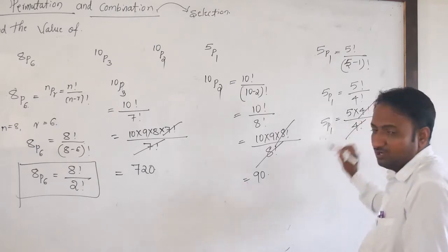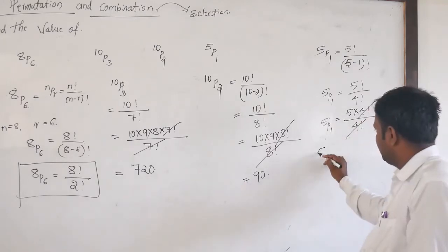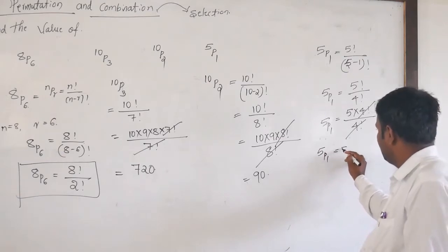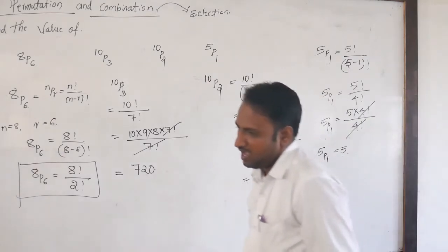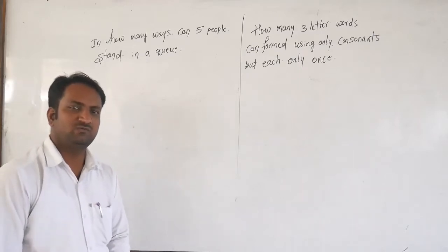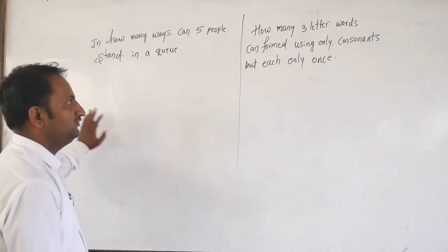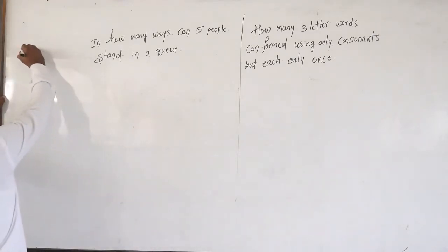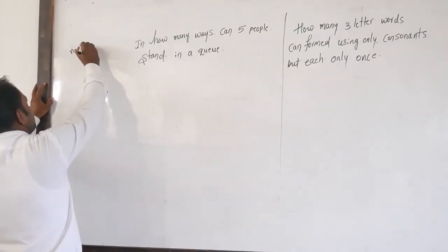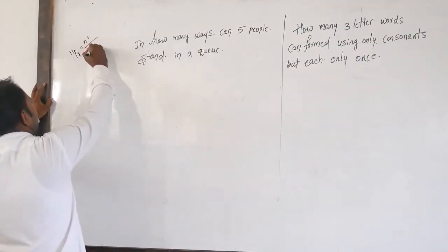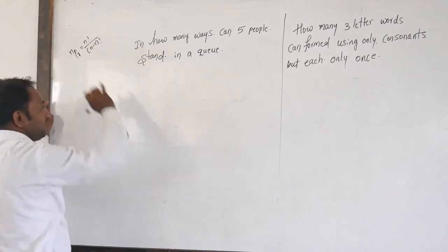The 4 factorial will cancel, and 5P1 is equal to 5, which is our answer. This is on the basis of the formula nPr = n factorial divided by (n minus r) factorial.